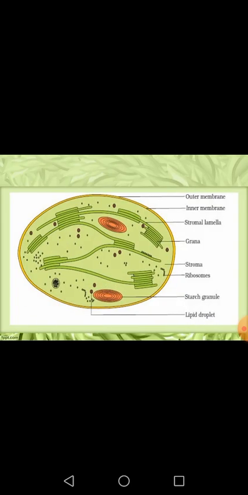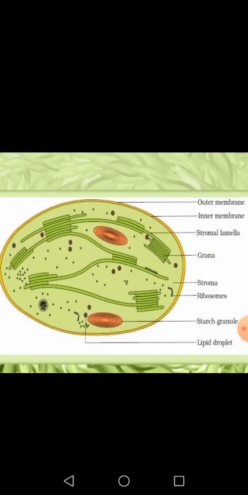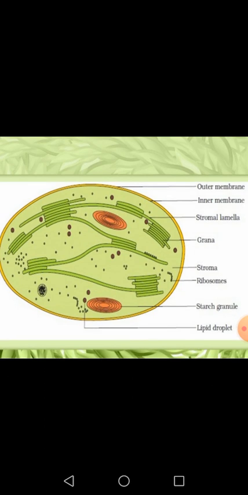Here in the picture you can see the structure of a typical chloroplast. It is bounded by two membranes, an outer membrane and an inner membrane, and then there is a matrix inside it. The matrix is called the stroma, and in the stroma you can see various thylakoids suspended.